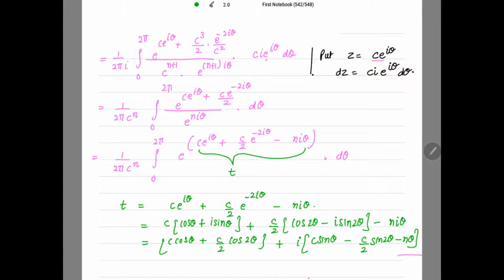Right? Up to this. Now, let's put this value back in this e raised to the power t which we have taken. Put this value back over here.